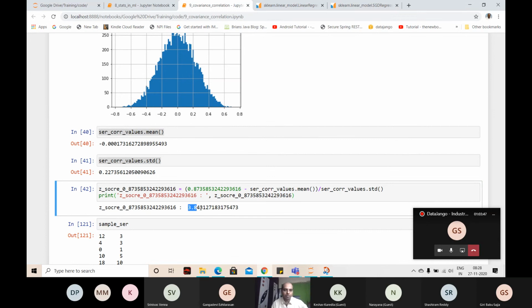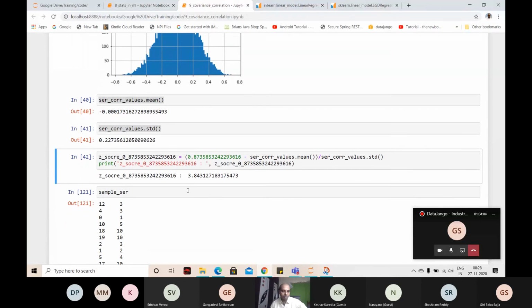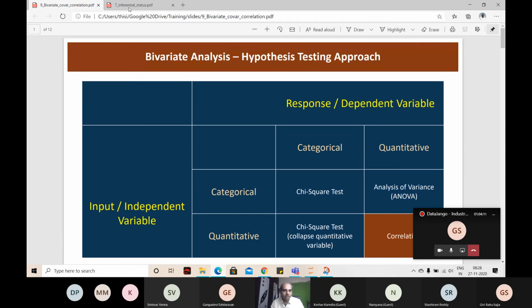Sorry, 3.84. If you say 3 standard deviations away, 99.7% of the time this number is not happening, when the null hypothesis is true, when you shuffle it. That means you can calculate the p-value probability now because you know the curve, and 4 standard deviations also has some number.